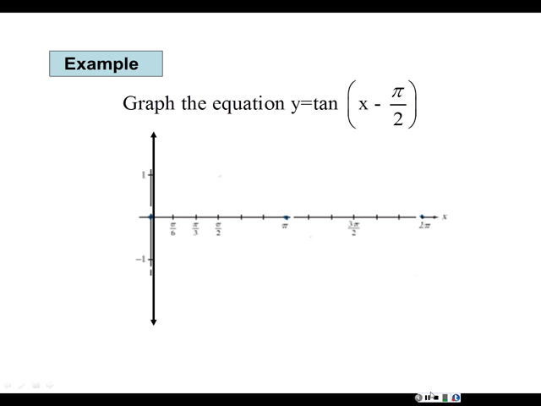Maybe I can just write the numbers here. Let's say this is step number 1, step number 2, you get the asymptotes. And then step number 3 is here, you get the midpoint. Step number 4 is you get the other 2 points.